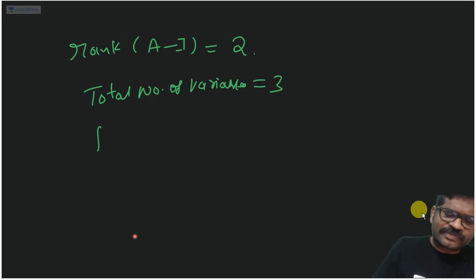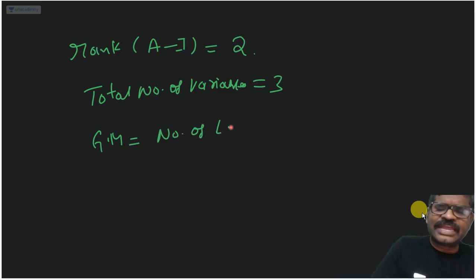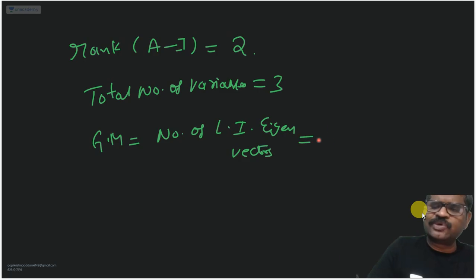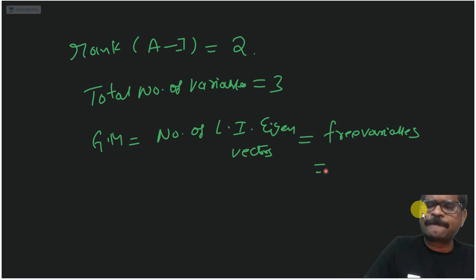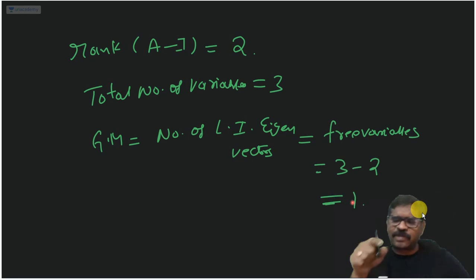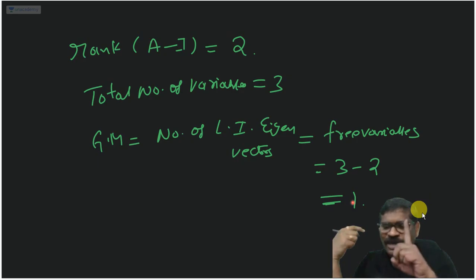Therefore, geometric multiplicity, the number of linearly independent eigenvectors, equals free variables, 3 minus 2. So in this problem, the maximum number of linearly independent eigenvectors is 1 and only 1.